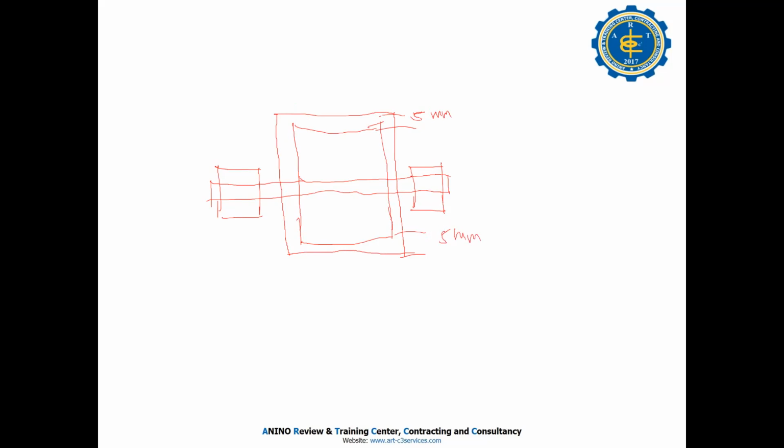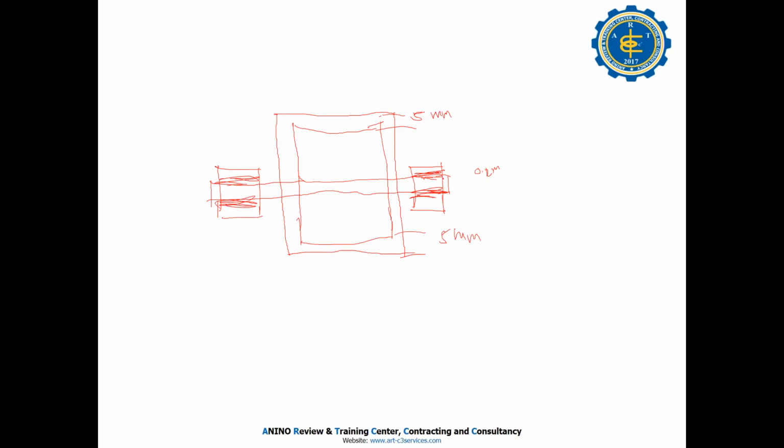Now your bearing here is very tight, so maybe the clearance here is 0.1 or 0.2 mm, depending on the manufacturer. Now, what will happen if your bearing is damaged here?